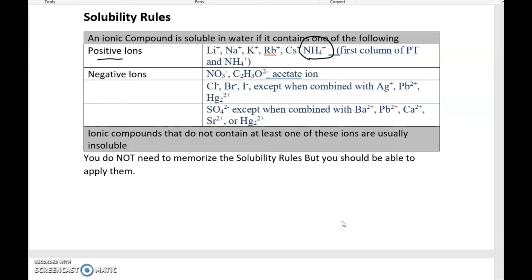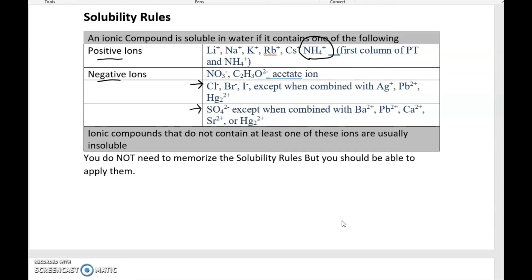For negative ions, if it has nitrate or an acetate ion, it will be soluble. In general, you'll find the halogens are soluble, that is, chloride, bromide, and iodide, except when combined with silver, lead, and mercury.